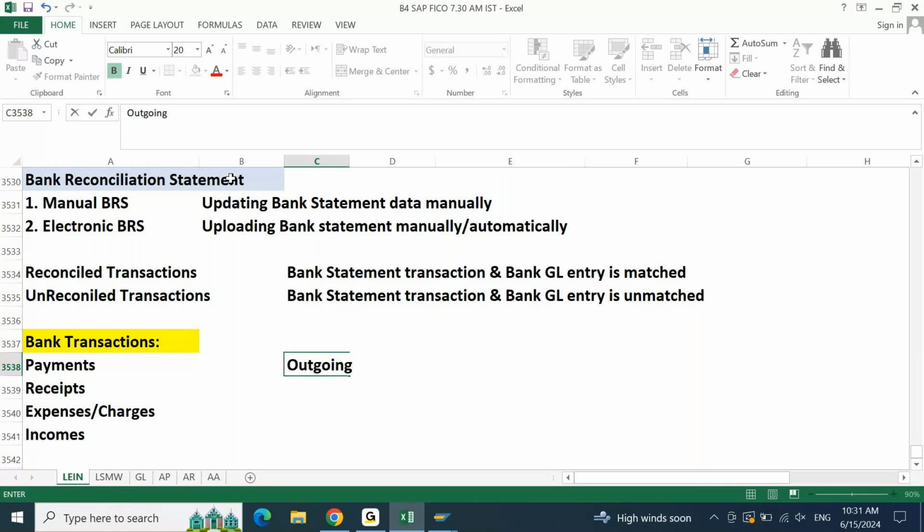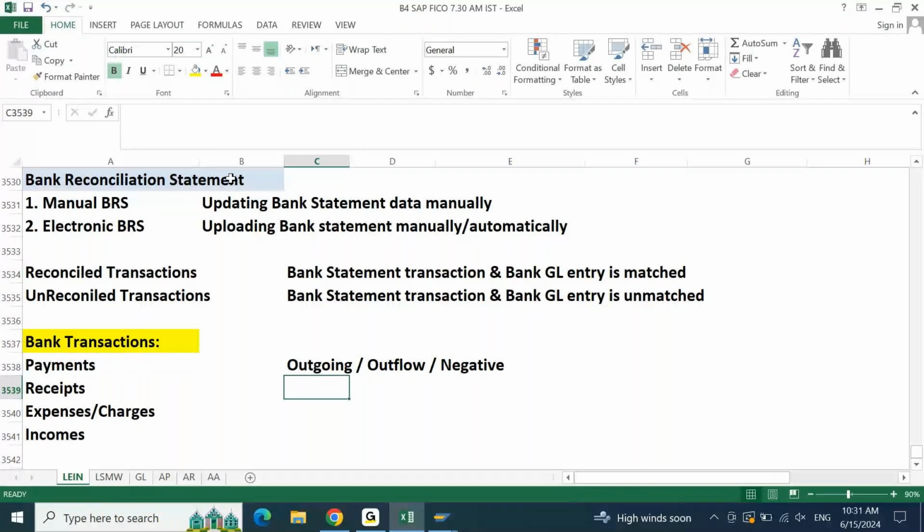You're talking about outgoing, meaning money outflow. You can communicate this with multiple terminologies. I can say outgoing money or money outflow, or this can be negative. Your outgoing transaction is also represented as money outflow transaction, or it is a negative transaction.